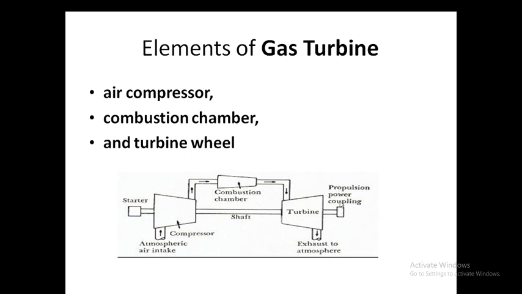The kinetic energy of these gases is utilized in the turbine and converted into usable form. If we connect this turbine to a generator, the kinetic energy of the gases is converted into mechanical energy, and this mechanical energy is converted to electricity by coupling the turbine shaft to the generator shaft.